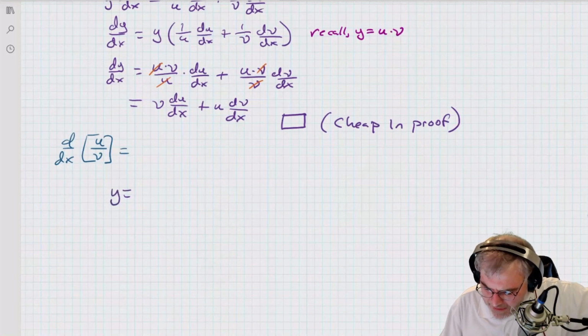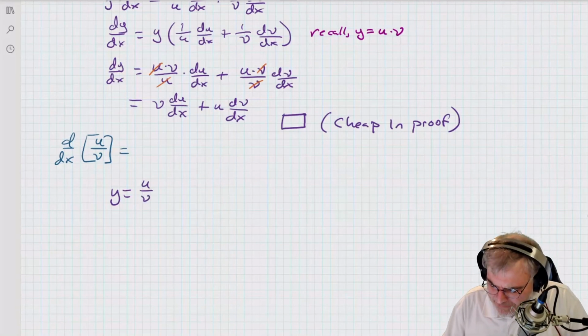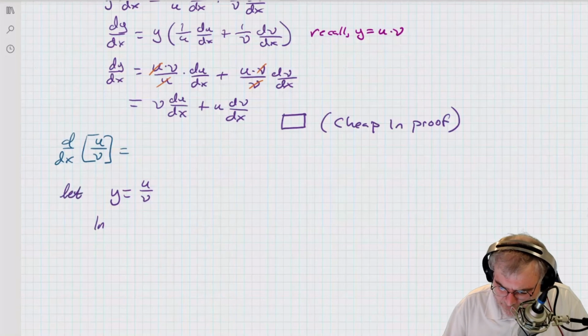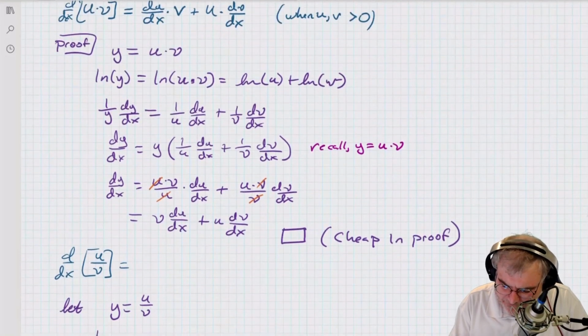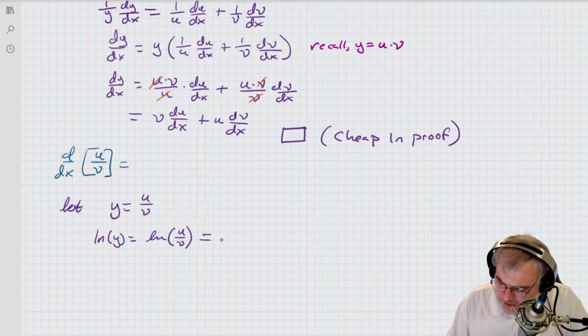Let's let y equal u over v. So the log of y equals the log of u over v. Well, the log of u over v is the log of u minus the log of v.